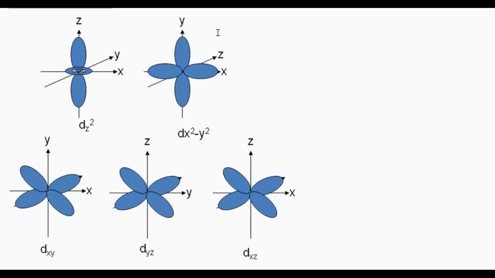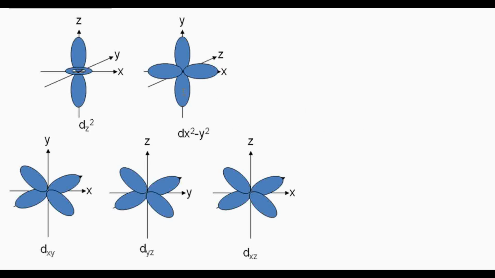Now let us come to the dx square minus y square orbital. Here also the shapes of the lobes are the same, but it lies on the x axis and y axis. Then comes dz square. Now the question is, if you have xy, yz, xz, and then you start with x square minus y square, then logically you should have y square minus z square and x square minus z square.